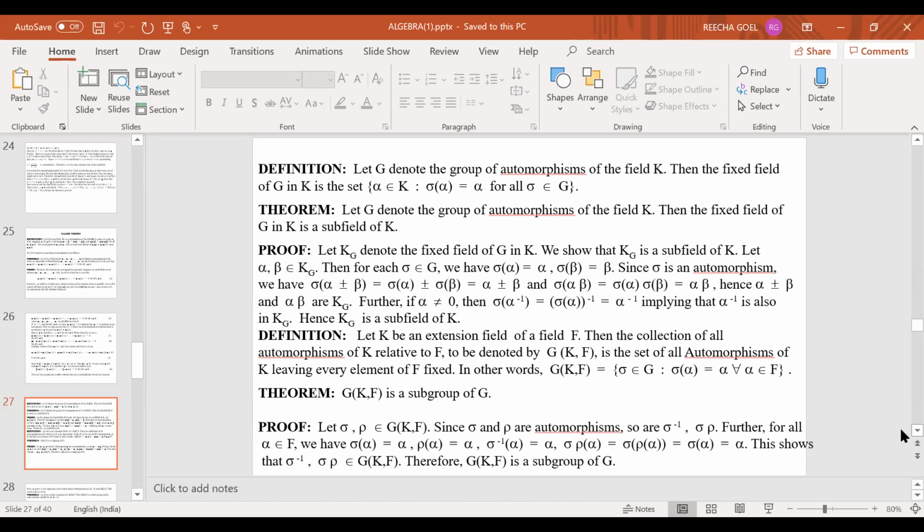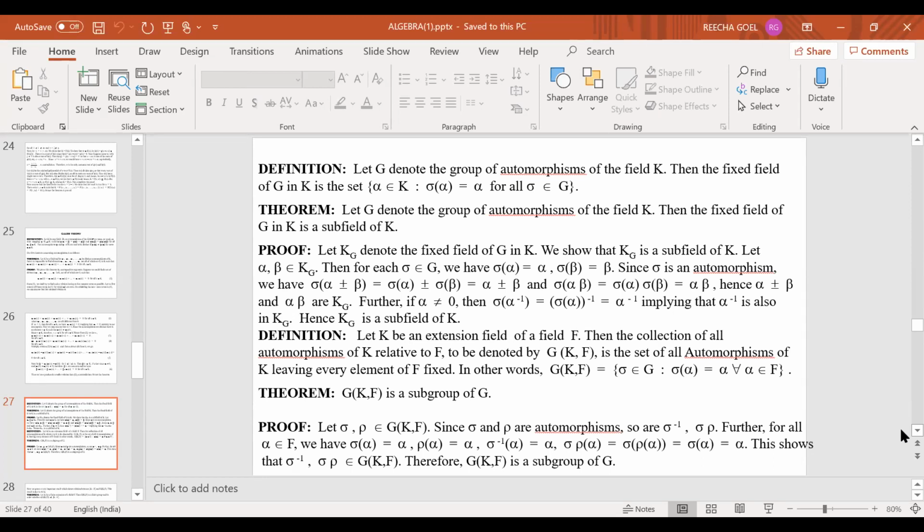Further, every non-zero element should possess an inverse also. So if alpha is different from 0 and alpha belongs to K, then K is a field, so alpha inverse exists. Then sigma of alpha inverse is nothing but the inverse of sigma alpha, because sigma is a homomorphism.